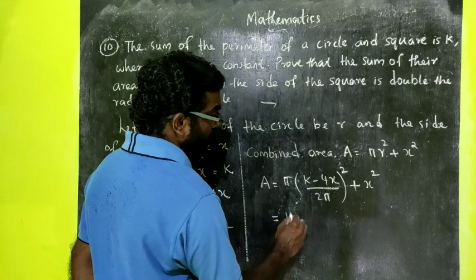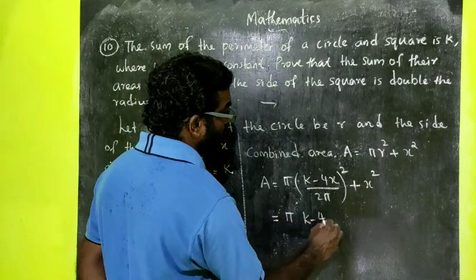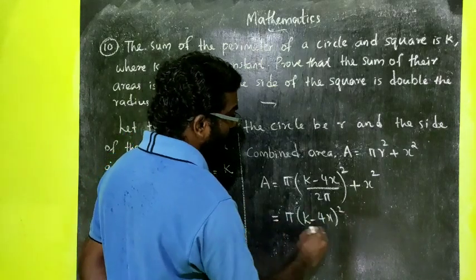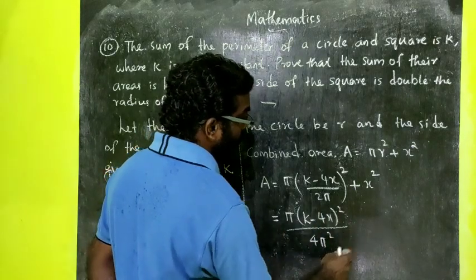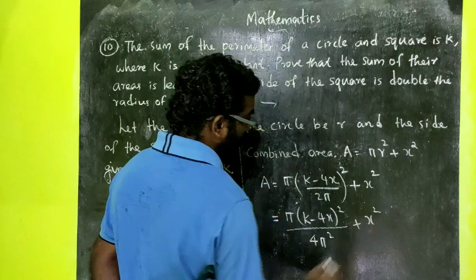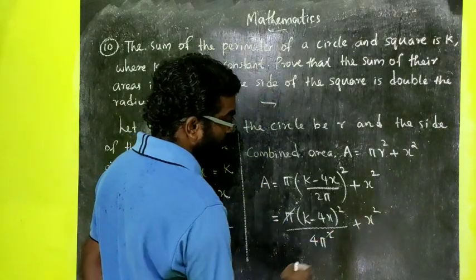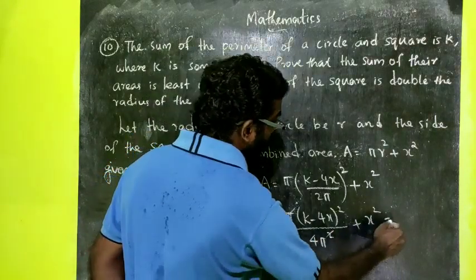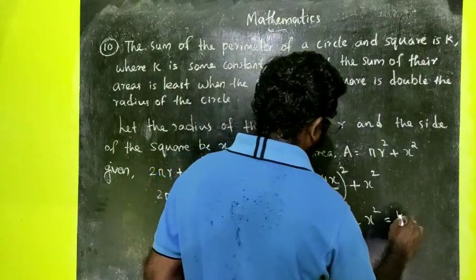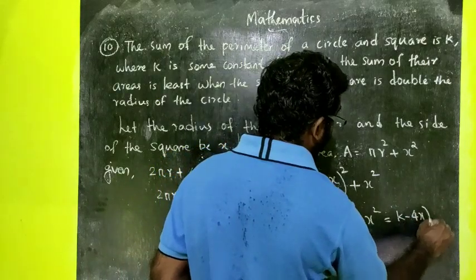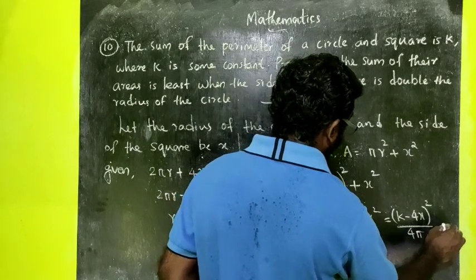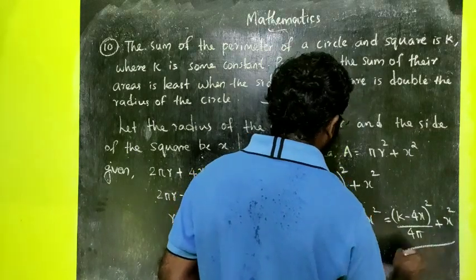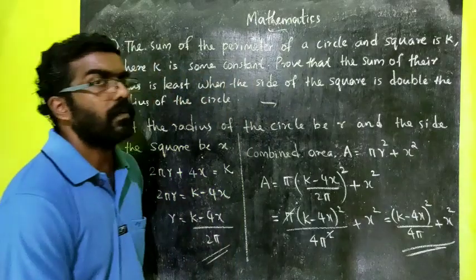That is π into (k minus 4x) the whole squared divided by 4π², plus x². Here we can cancel π and π, and the remaining is (k minus 4x) the whole squared divided by 4π, plus x². So this is the area function.